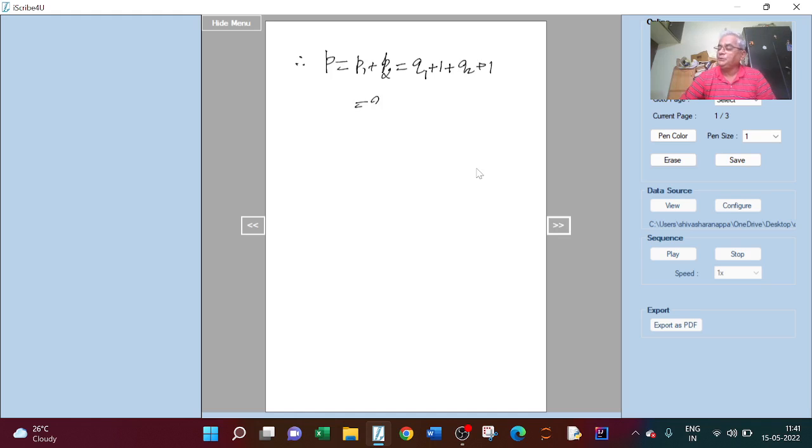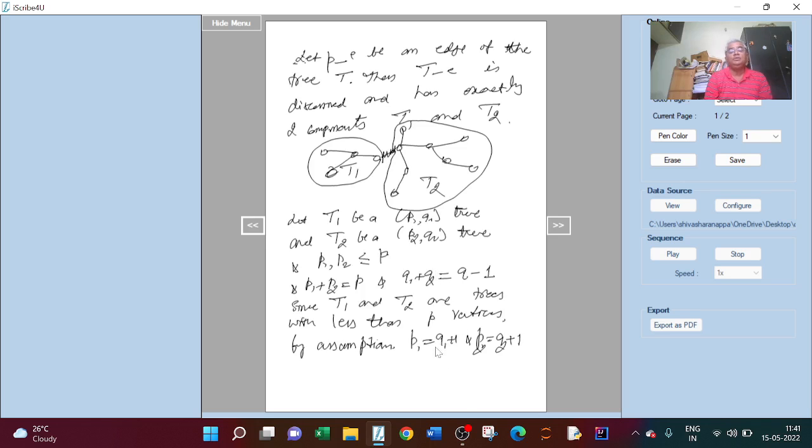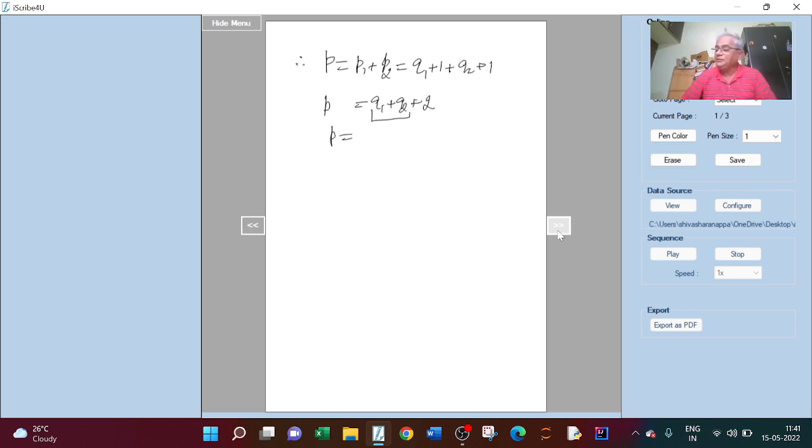So this is equal to Q1 plus Q2 plus 2. So P equal to, but here Q1 plus Q2 equal to Q minus 1. So this is Q minus 1 plus 2. This implies P equal to Q plus 1.